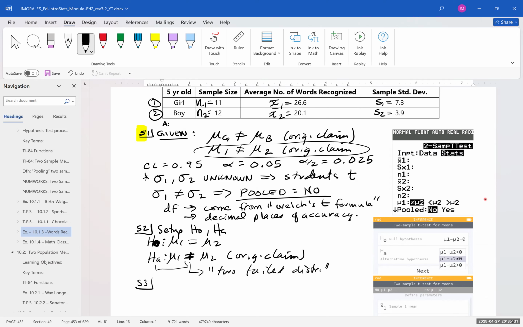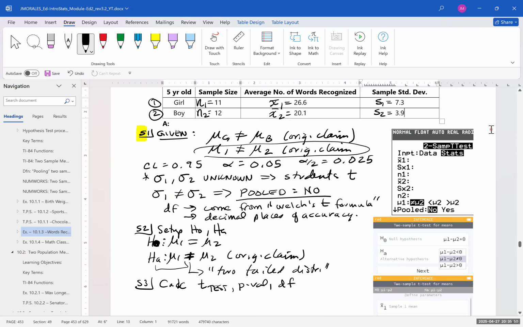Okay, now step 3, we're going to calculate our t-test statistic, our p-value, and the degrees of freedom. And so to do that, we're going to use our calculator for it. So let's go ahead and put in our calculator values. So x bar 1 is 26.6, s1 is 7.3, n1 is 11.